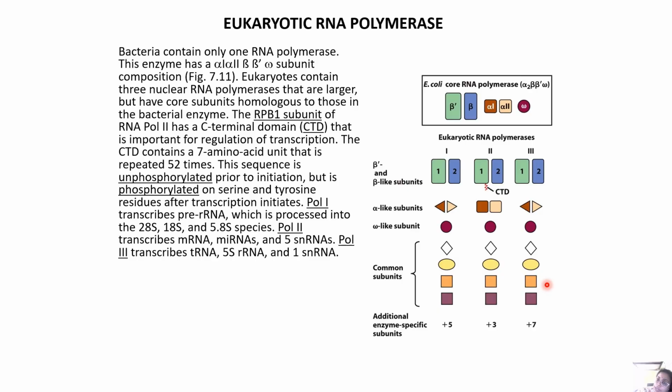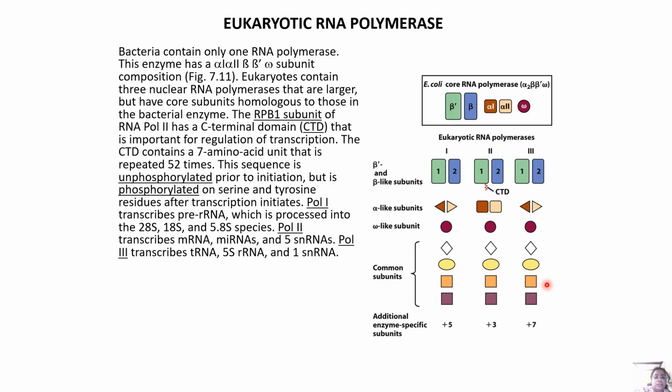If you talk about the eukaryotic RNA polymerase, bacteria contain only one RNA polymerase, and this enzyme has an alpha 1, alpha 2, beta, beta prime, omega subunit composition. Eukaryotes contain 3 nuclear RNA polymerases that are larger but have core subunits homologous to those in the bacterial enzyme.